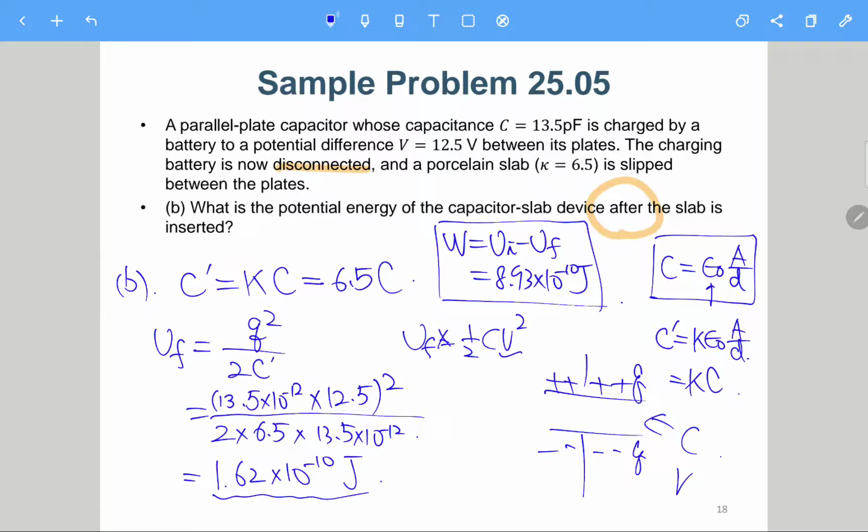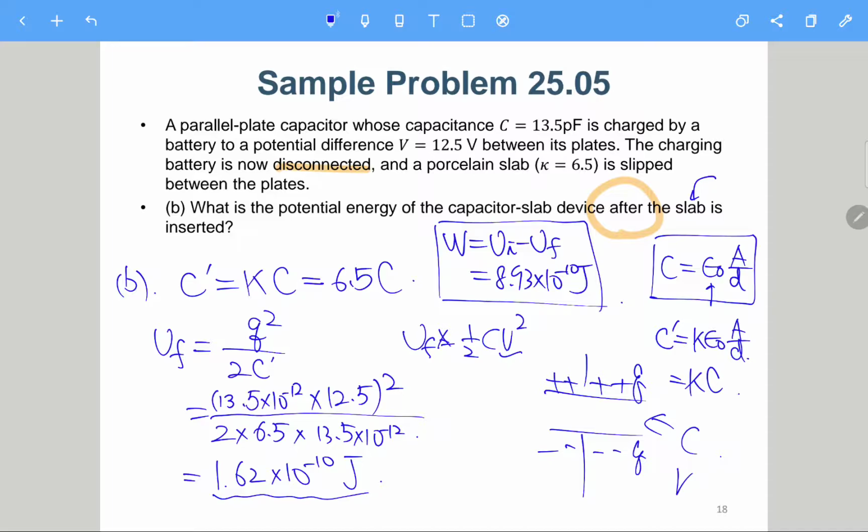the E field will actually do some work to make this slab slide into it. There may be two cases. You need to use some force to put this slab in it.